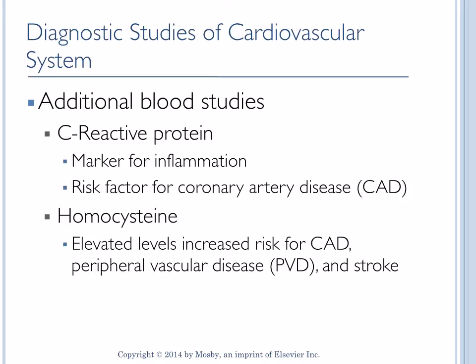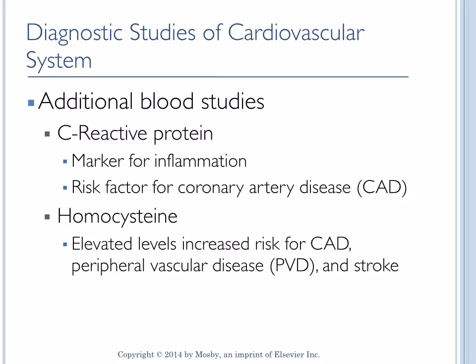Now we have something called homocysteine, and elevated levels show an increased risk for CAD again. C-reactive protein is a protein; homocysteine is an amino acid which is produced during protein catabolism.